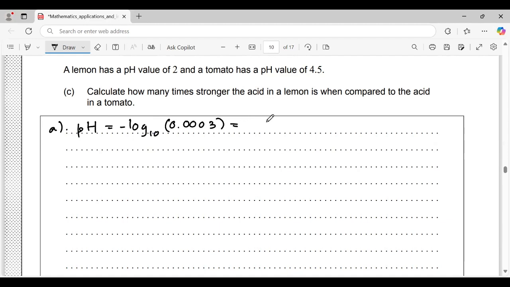I have calculated this, and the result is 3.522879. Rounded off it becomes 3.52 moles per liter. Sorry, moles per liter.